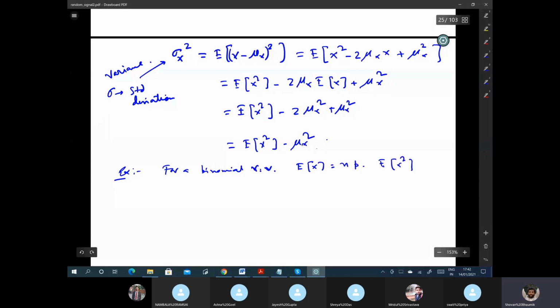Next line, let's write E of x squared will be equal to n square p square, we have seen, plus np into 1 minus p.